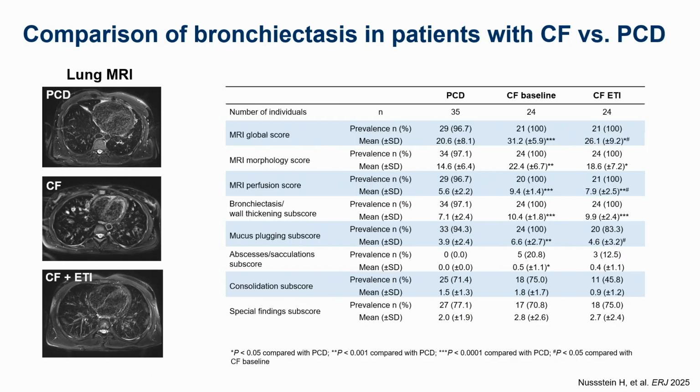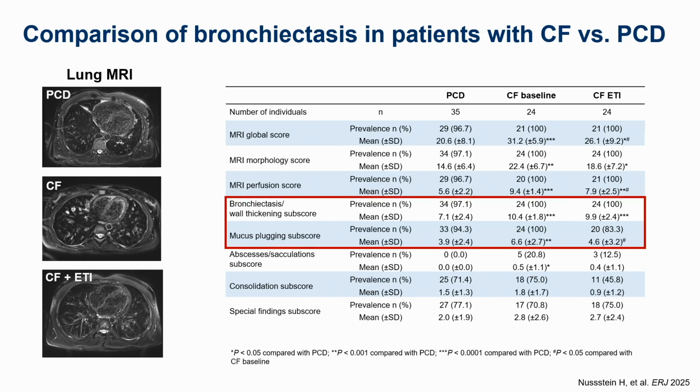We also included some structural data of a subgroup of our patients. All the MRI scores are summarized in this table here, but don't worry, I won't go through all of them. I want to draw your attention to the mucus plugging and bronchiectasis subscores.